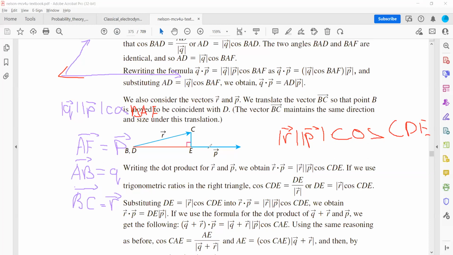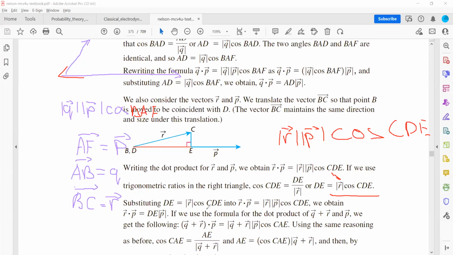And if we use trigonometric ratios again in the right triangles, we'll discover that cosine of CDE is adjacent side divided by hypotenuse, or in this case DE divided by R. So we can express DE as modulo of R, or magnitude of vector R, times cosine of CDE.